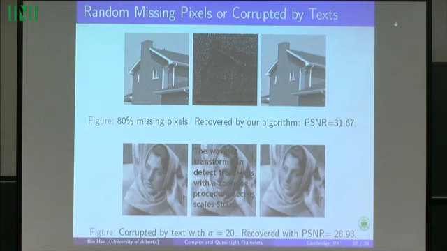You can also have noise, or you can have words written on the image. Given this true image, you can perform the transform, and even with a noise level of 20, you can still reconstruct it by removing these words.